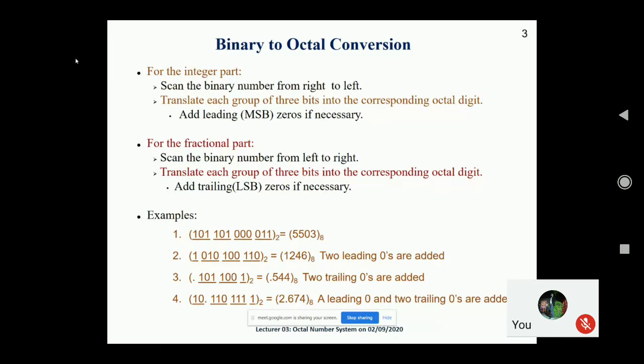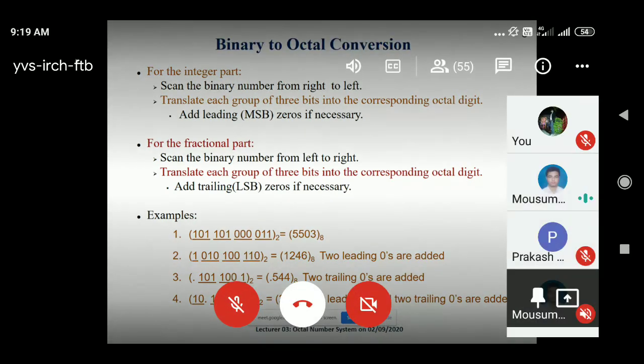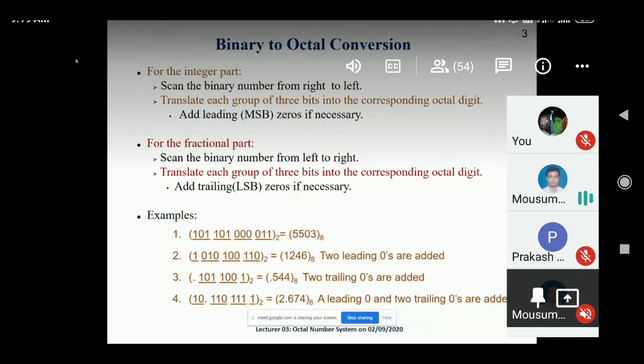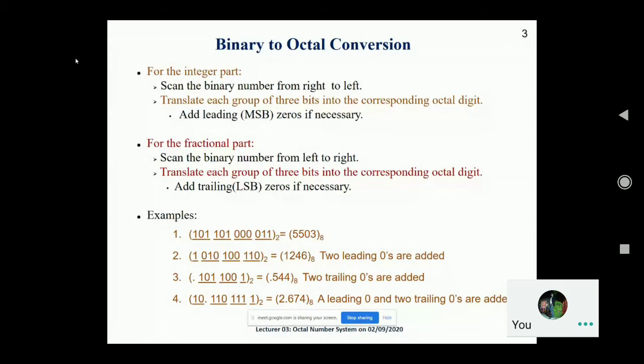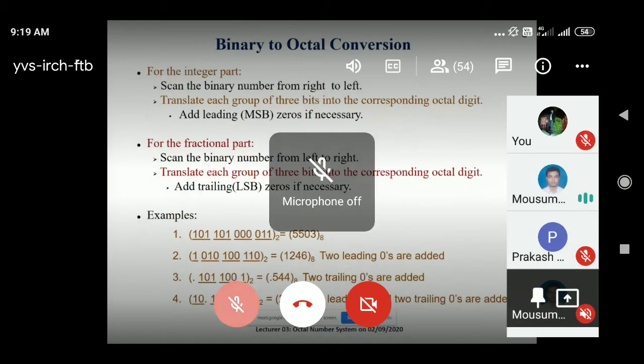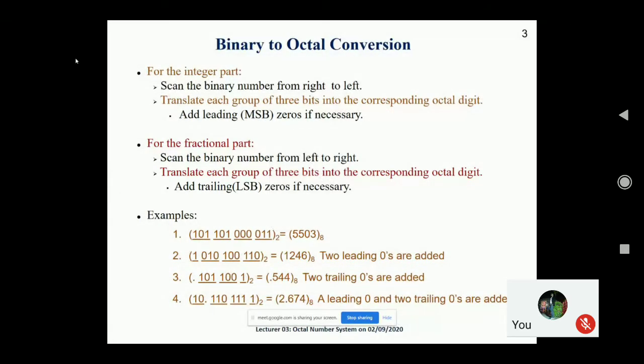Suppose the example 101.101. The leftmost bit, one, is the most significant bit, and the rightmost one is the LSB. You can also say leading or trailing, which are common keywords, but in digital electronics we use the two terms MSB and LSB.